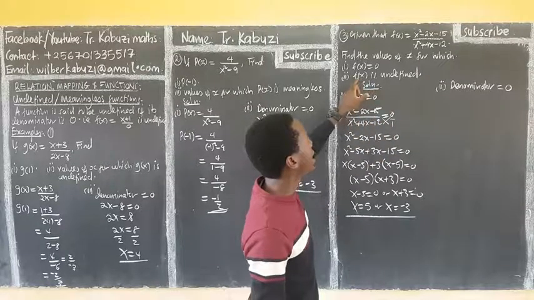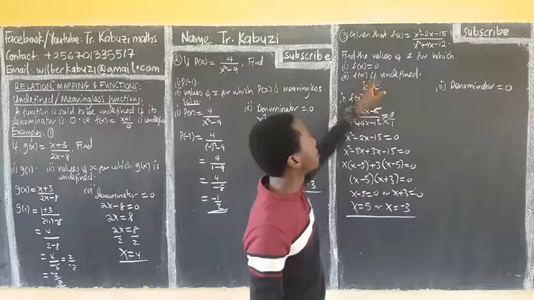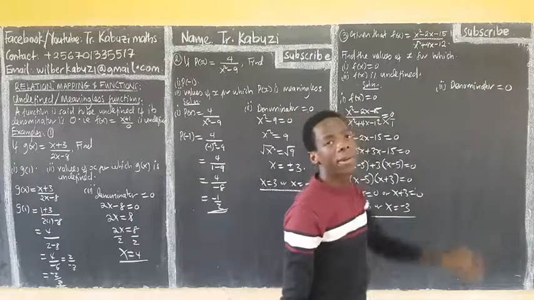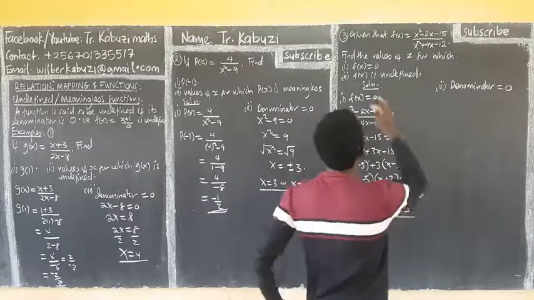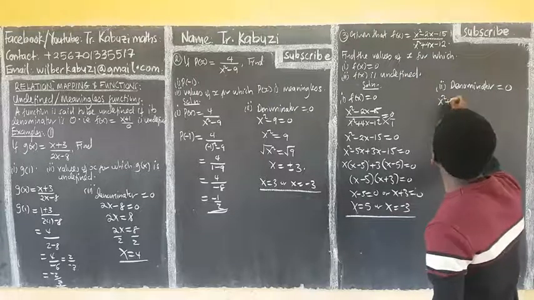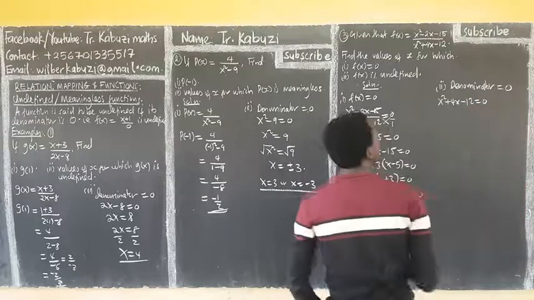But this one is telling us to find the values of x for which f of x is undefined. We say it is undefined if the denominator is equal to 0. The denominator in this question is this, so x squared plus 4x minus 4 is equal to 0. Hope you have seen the difference.